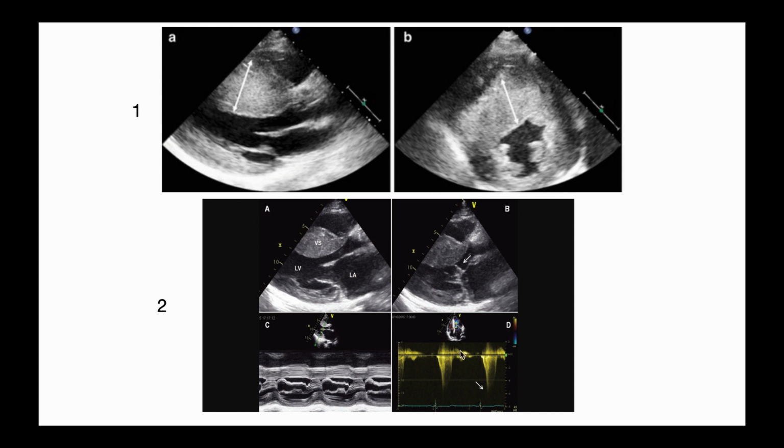Then D is a Doppler echocardiographic recording in the outflow tract that demonstrates a peak instantaneous pressure of about 130 millimeters of mercury, as the arrow is pointing. So basically, these are some echocardiographic signs of hypertrophic cardiomyopathy.